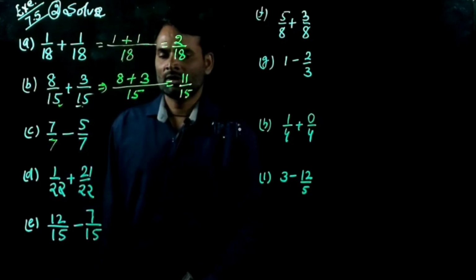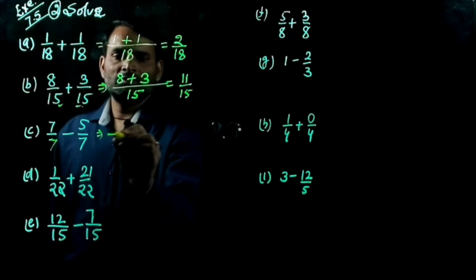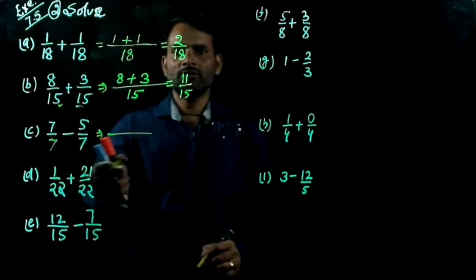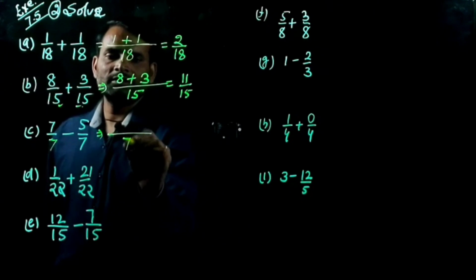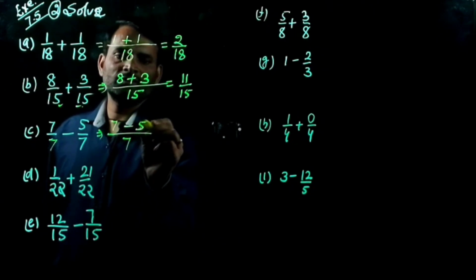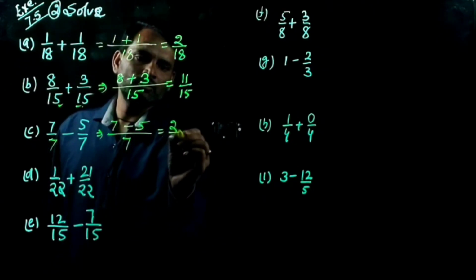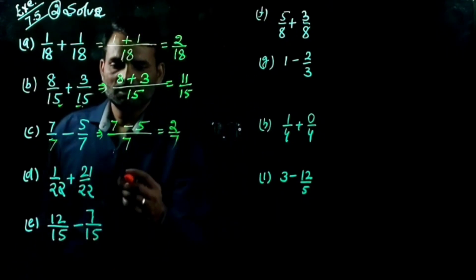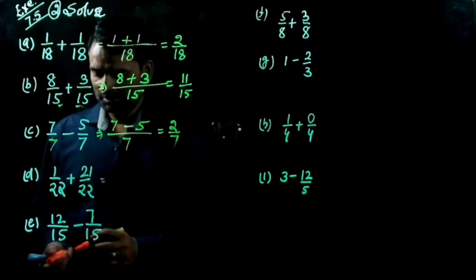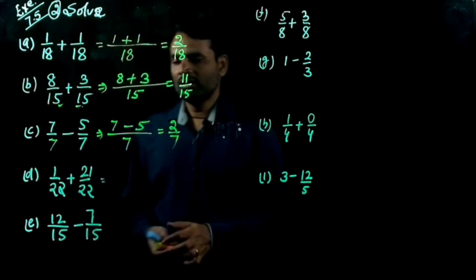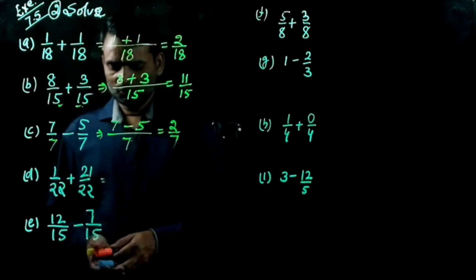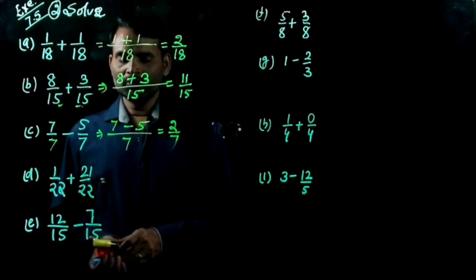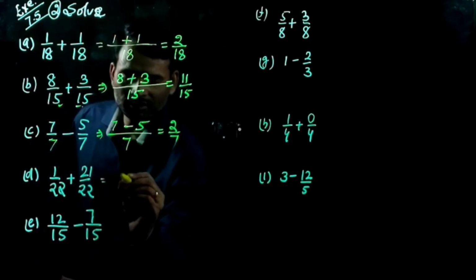Here we will do the direct method because the denominator values are the same. So 7 minus 5 is equal to 2 upon 7. Next is 1 upon 22 and 21 upon 22.